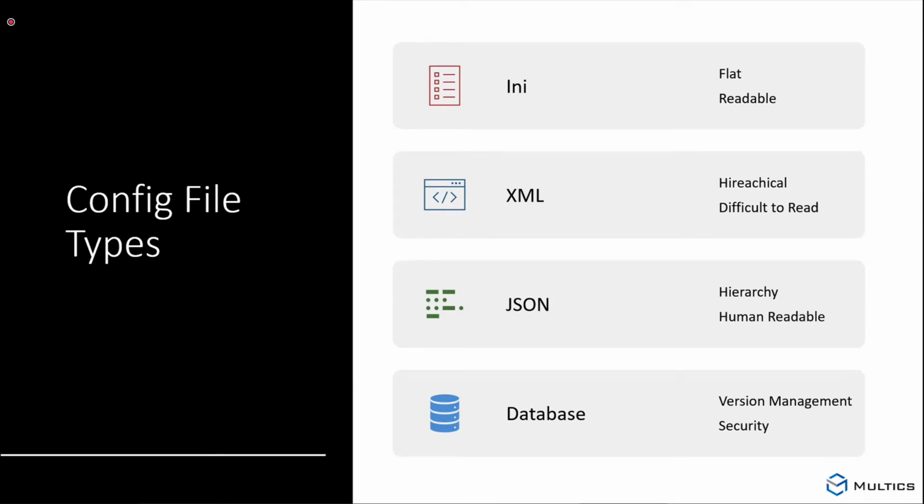XML is brilliant for hierarchy, which means that you can specify different things in a hierarchical fashion pretty easily. JSON is a mix of readable and also hierarchy, but in this example, we're going to use JSON. And the other option is to have a database.